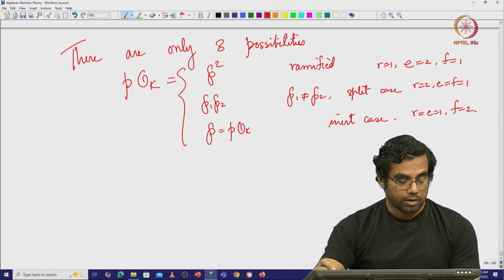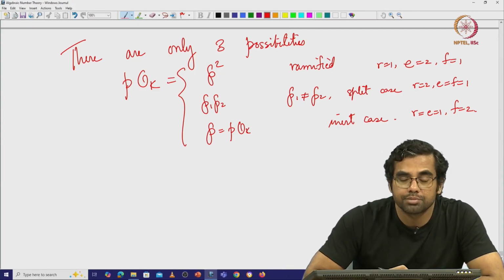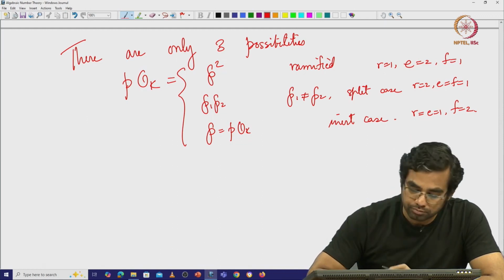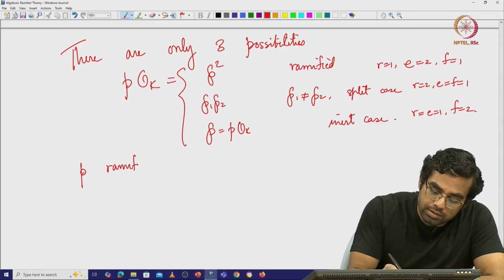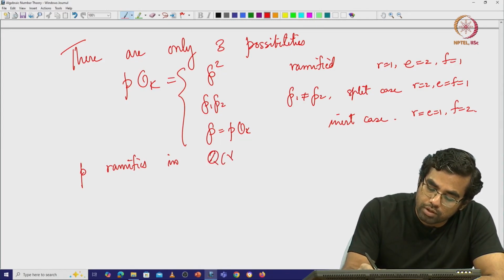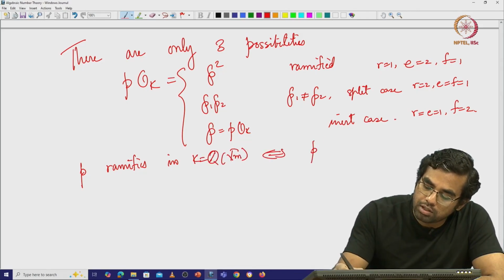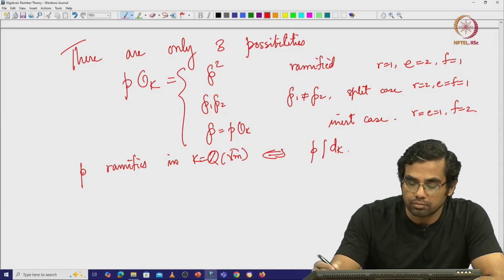All right. So, we want to find out which primes ramify in Q(square root of m), which is K. P ramifies in K if and only if P divides d_K.